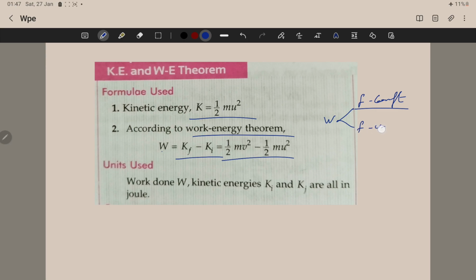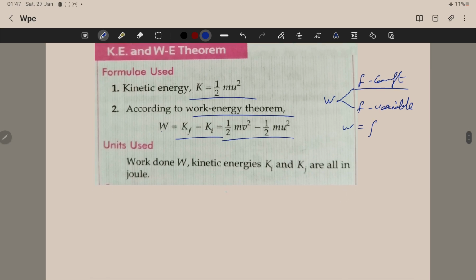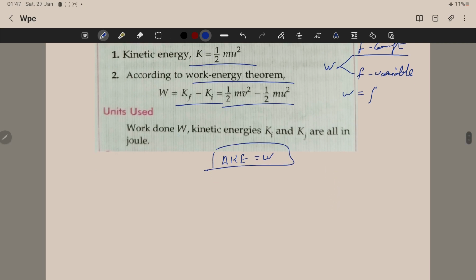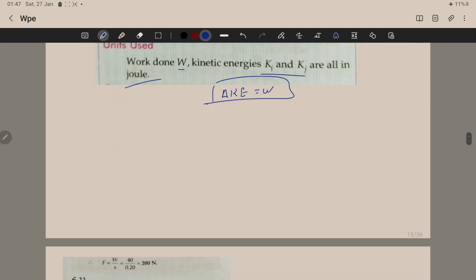If force is variable, then we have to do the integration. So we can find this work both ways, and the statement is the same. The change in kinetic energy is equal to work done as per the work energy theorem. So remember this theorem. Work done and kinetic energy are in the same unit, all in joules.